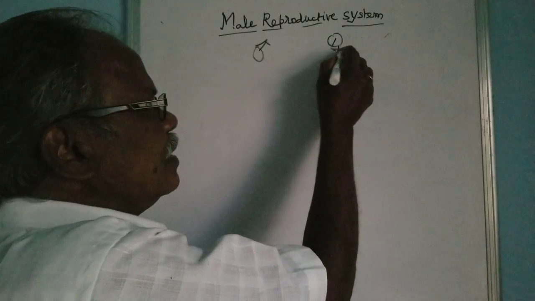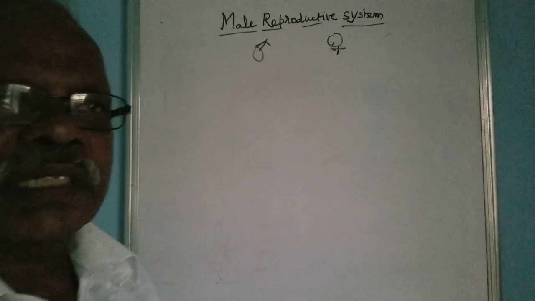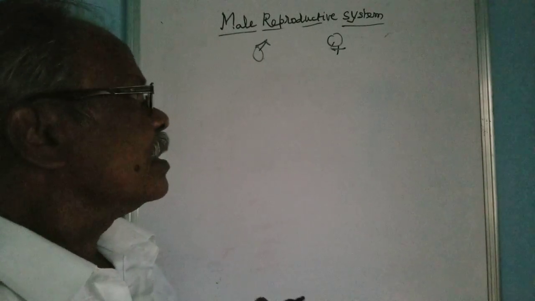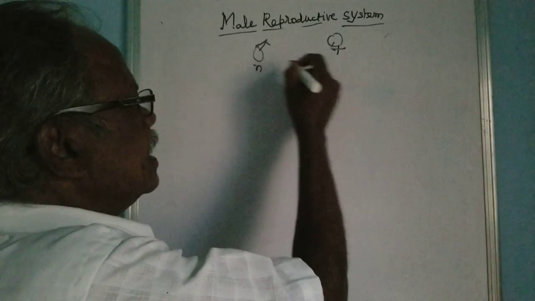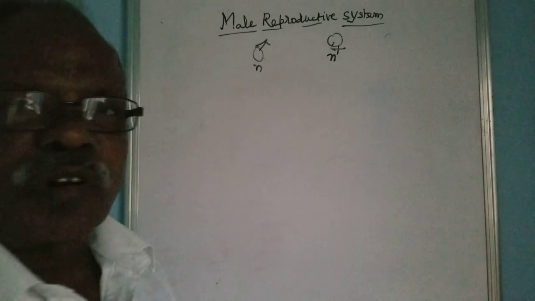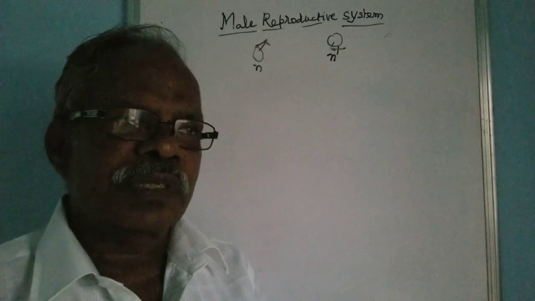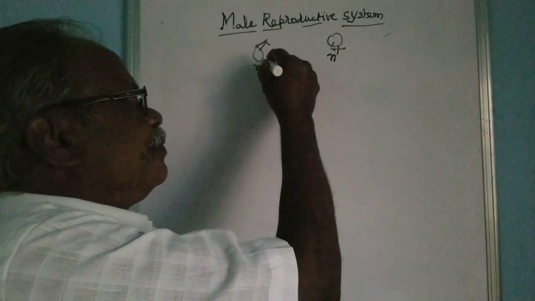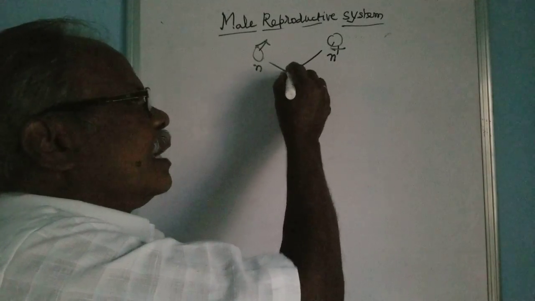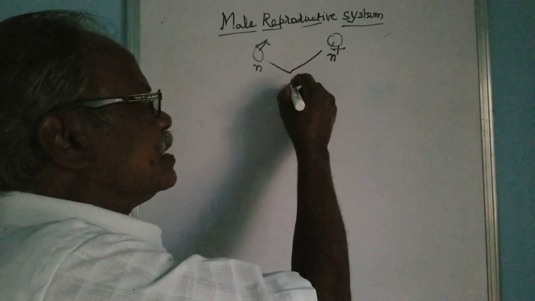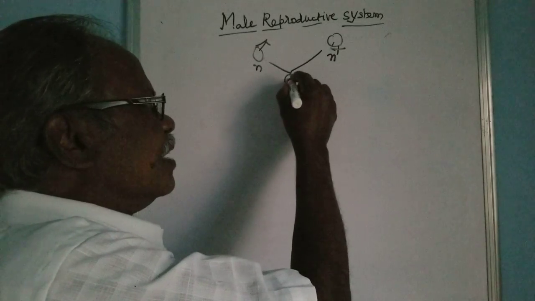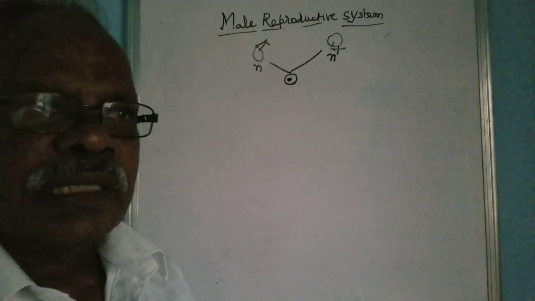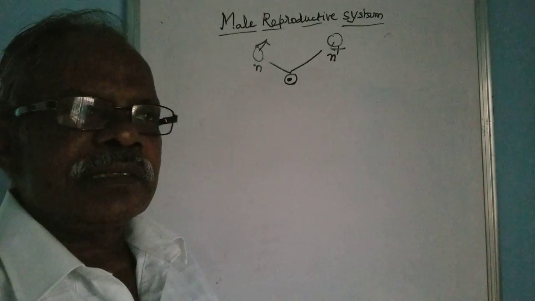and in the female, the functional unit of the reproductive system is called the ovum, which has n number of chromosomes, and the sperm also has n number of chromosomes. So sperm and ovum fuse together, and that process, the fusion of the male gamete and the female gamete, is known as fertilization.